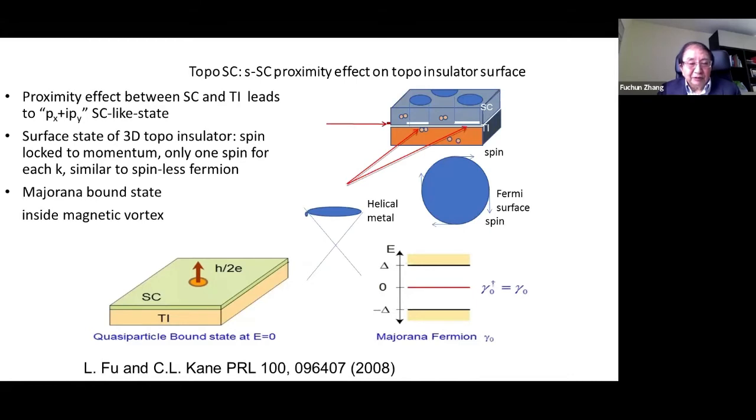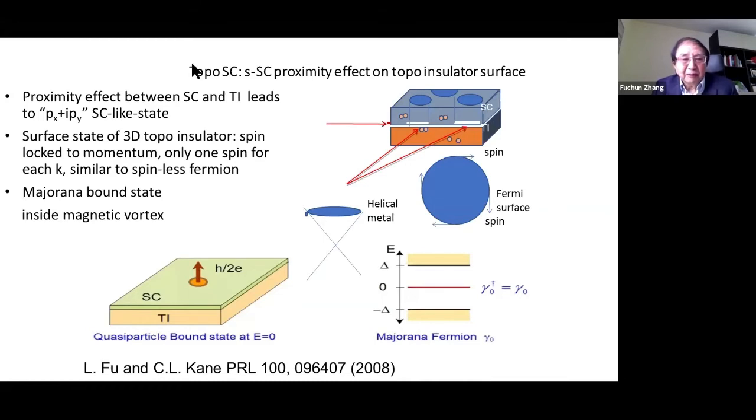Then you add a vortex in a magnetic field, and that superconducting proximity effect on the topological insulator will lead to a similar effect as the chiral P wave. Okay, let me explain a little bit. So the superconductivity is proximity induced on the topological insulator.